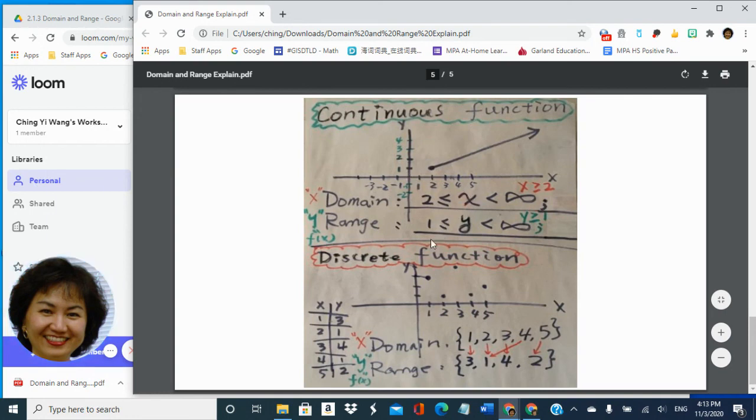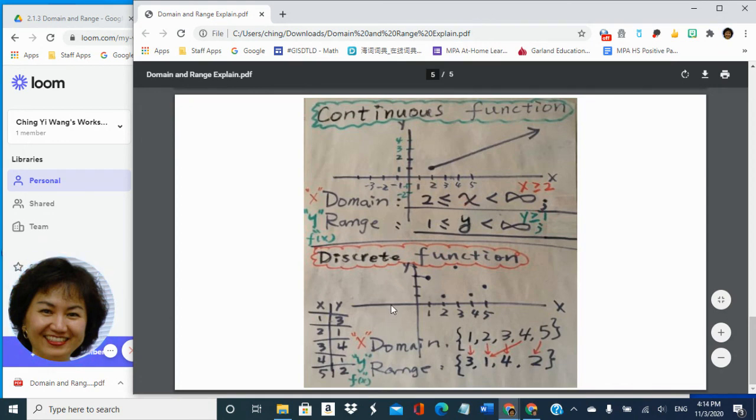For y, you can see its lowest point is at 1. So your range is 1 less than or equal to y less than infinity, or you can write it as y is greater than or equal to 1.